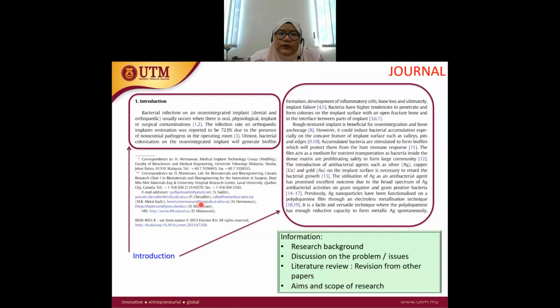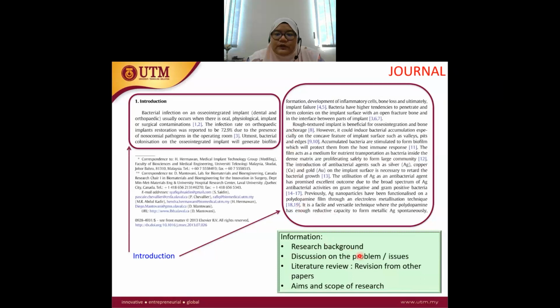Okay. So when you are reading a journal article, you want to read the abstract and you want to read the introduction also. So what is the content of the introduction? It is the research background. At the first paragraph, maybe it tells about the problem statement that the research wants to address.